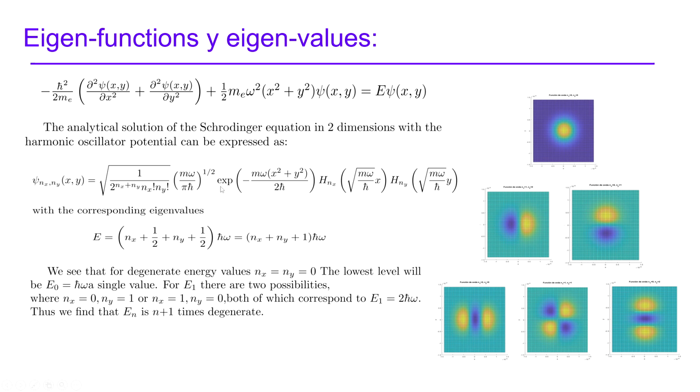This is the Hermite polynomials, and this is an exponential, such as a Gaussian function.